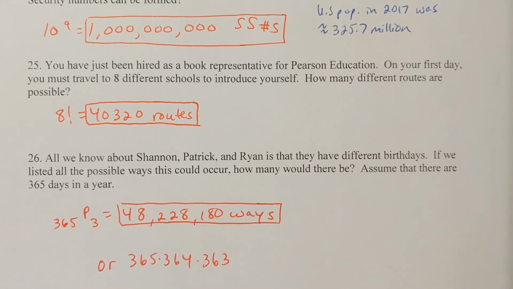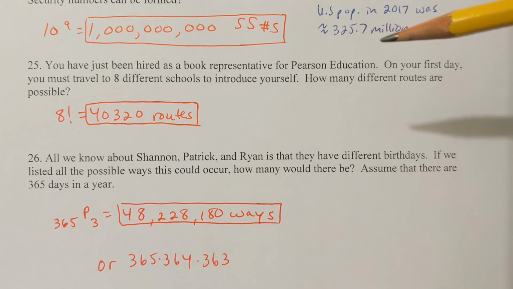Problem 25. You've just been hired as a book representative for Pearson Education. On your first day, you must travel to 8 different schools to introduce yourself. How many different routes are possible? Okay, so you've got 8 schools. Well, you go to one school. There's 8 possibilities, right?